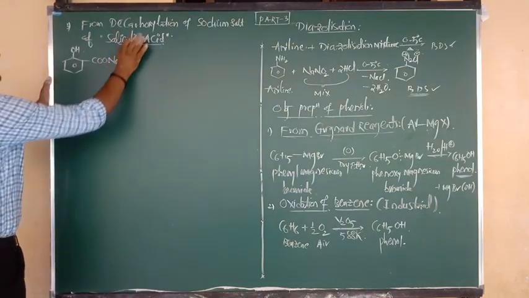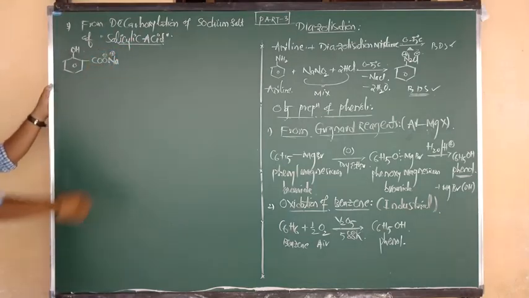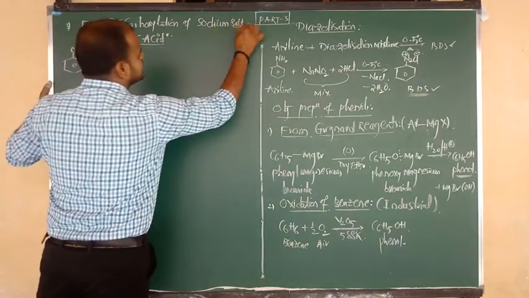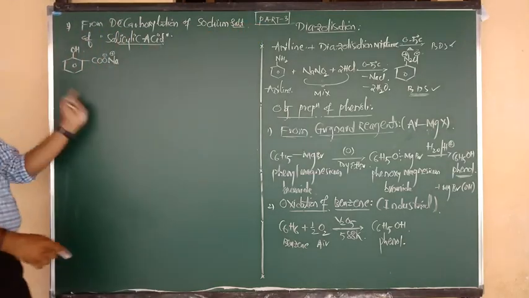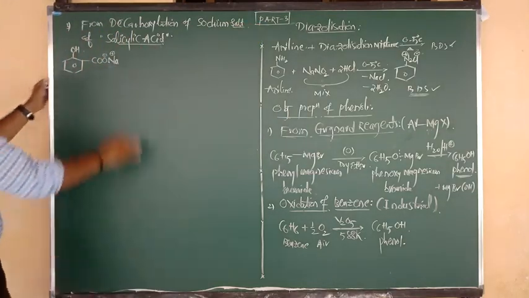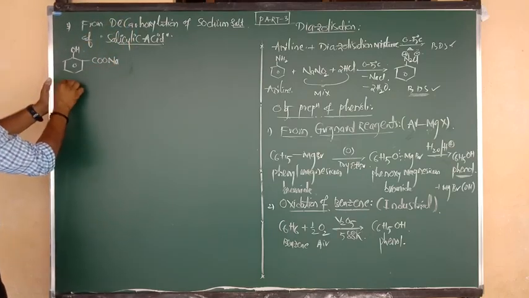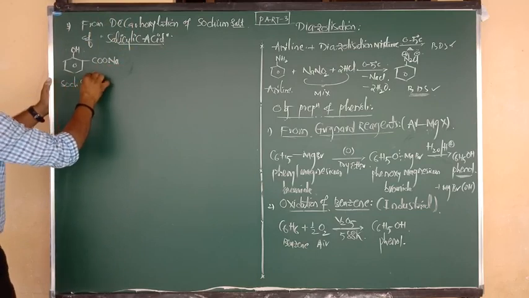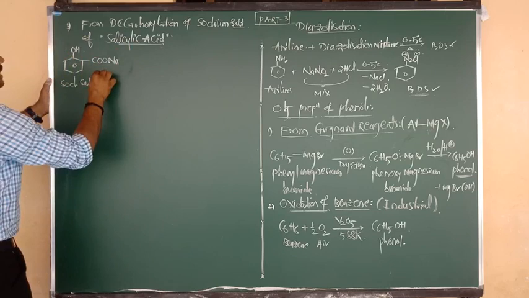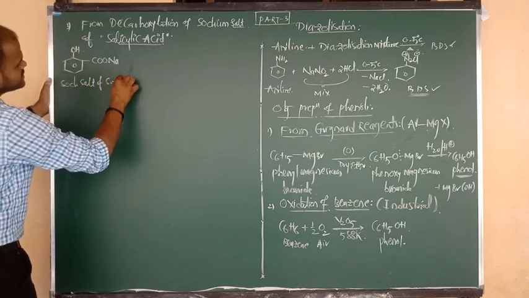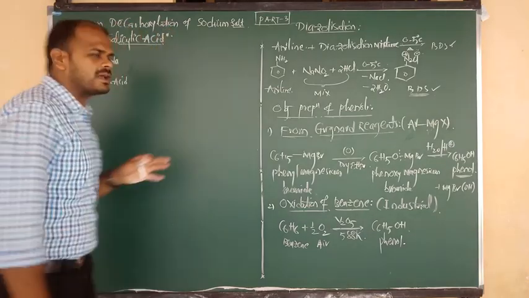Now Na carries a plus charge and COO carries a minus charge. So plus and minus is what we call a salt. Which salt? Sodium salt, with respect to which acid? Salicylic acid. I hope you understand. So the reactant is the sodium salt of salicylic acid, and it undergoes decarboxylation.